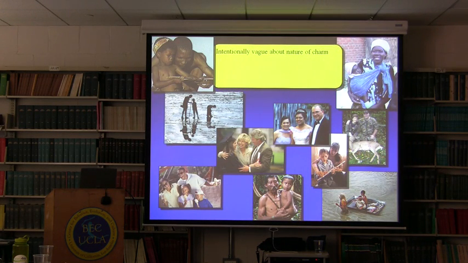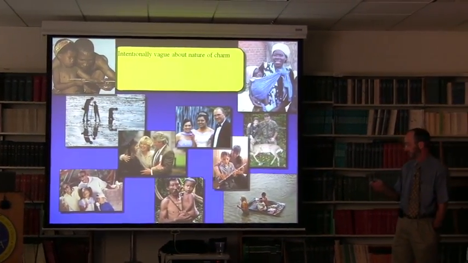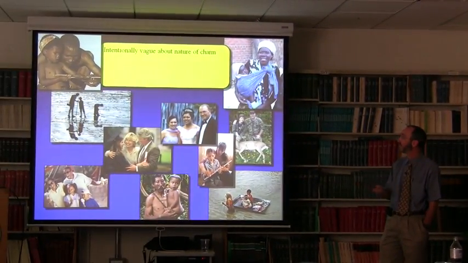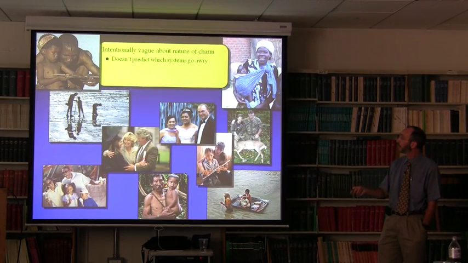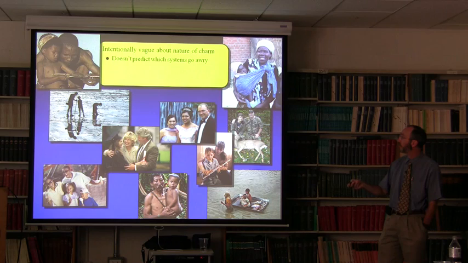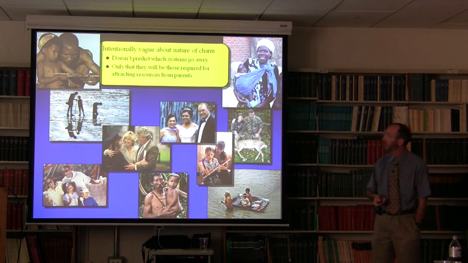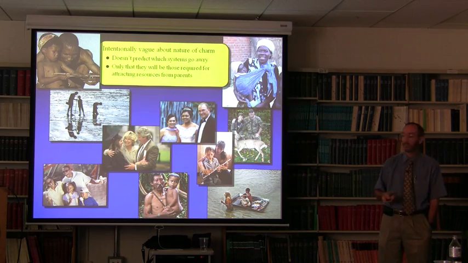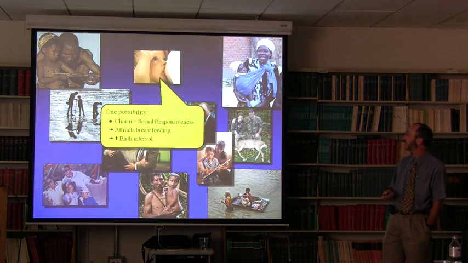We're intentionally vague about what constitutes charm because the theory doesn't actually say what it is. It doesn't say it's social responsiveness. And so it doesn't predict which brain systems go awry. Only that there'll be those required for interacting and attracting resources from parents.